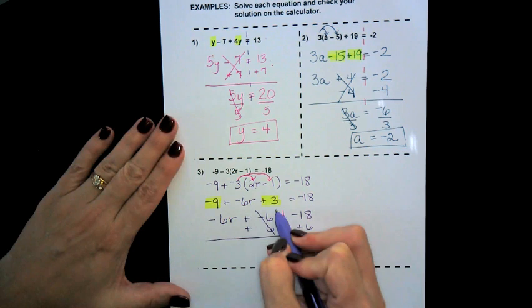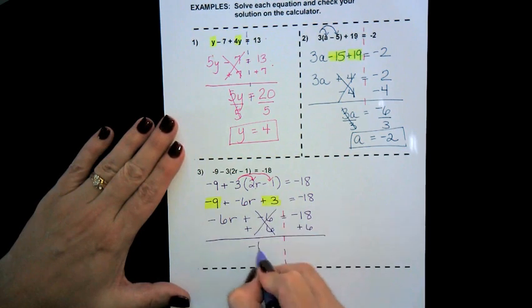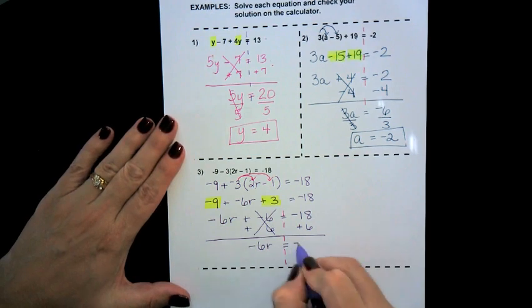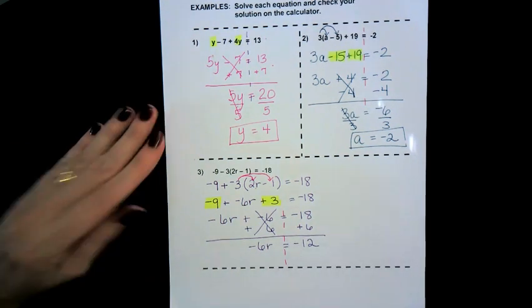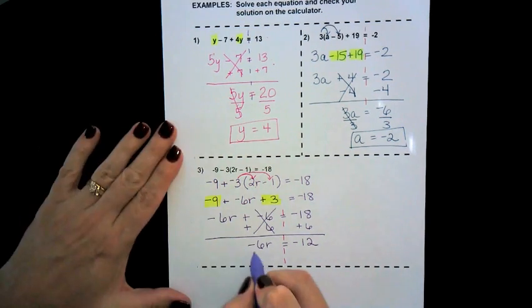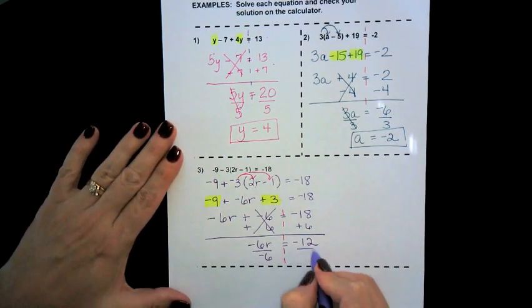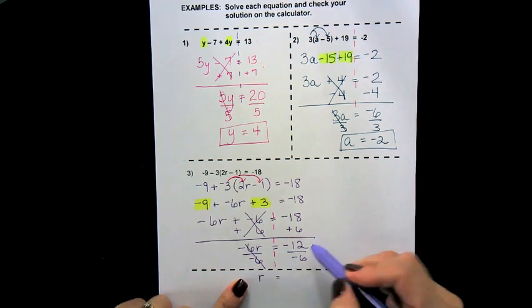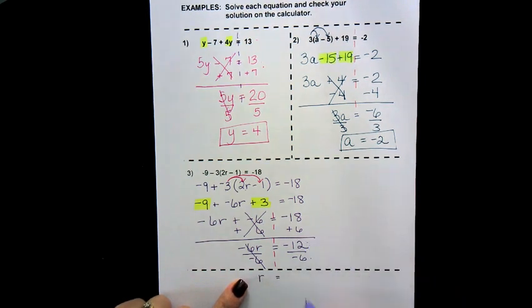Because those two go away, I'm left with -6r equals -18 plus 6, which gives me -12. And now I'm ready to do the opposite of multiplying by -6, which is to divide by -6. So now we can see that multiplying by -6 and dividing by -6 will cancel to give us r equals, and then -12 divided by -6 gives us +2.